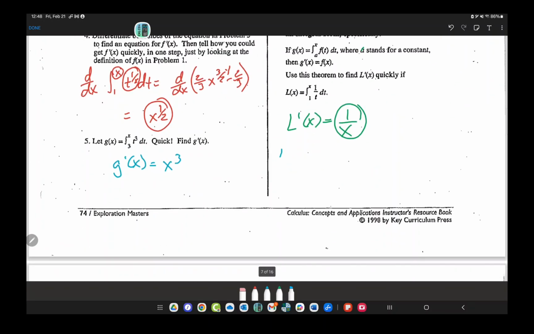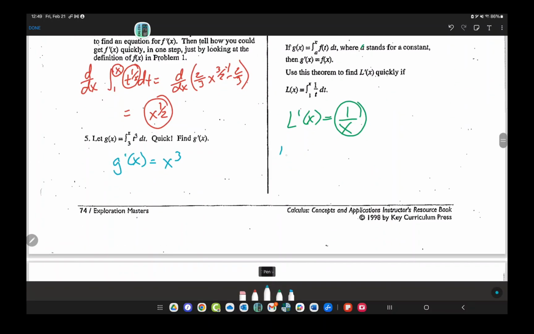Okay. And again, what I mean by that is if we had the integral from x to 1 of 1 over t dt, and we did the integration, the integral of that is natural log. So natural log of 1 minus natural log of x, because we would replace it with x.